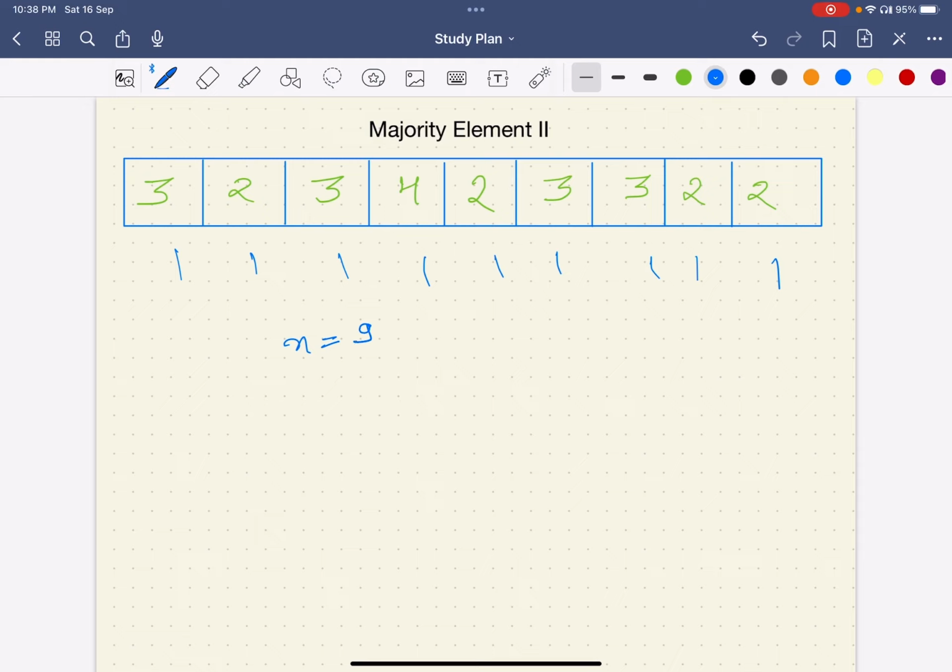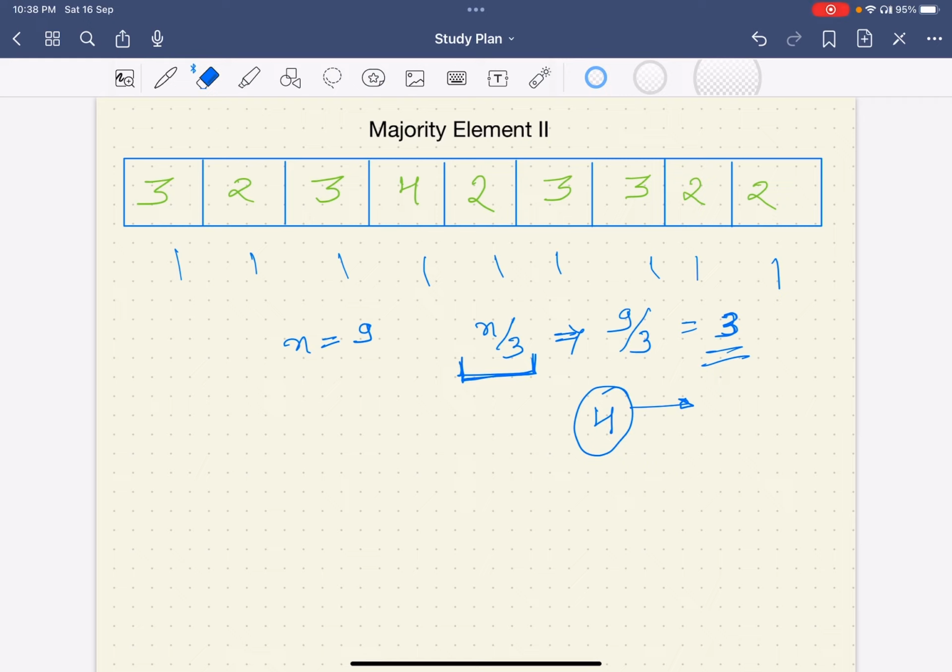And you have to figure out the elements which are present more than n by 3 times, and we have to take the floor of it basically. So here n is 9, so 9 by 3 is 3. The elements which are present more than 3 times, which means any element present at least 4 times, we have to return.